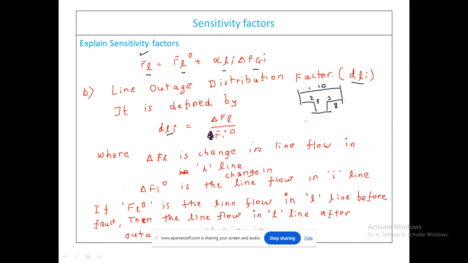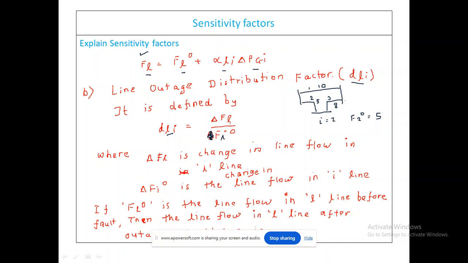These are the power flows before contingencies. So this Fi0, whatever I have shown here, is this value. Suppose if I take i equal to 2, then F2 naught, that is the line flow in the second line before contingency, is 5 megawatt.